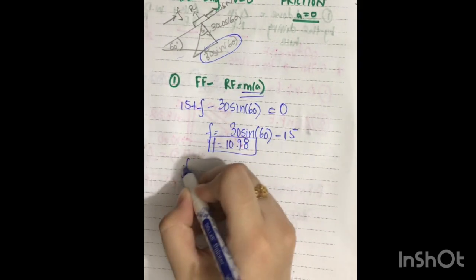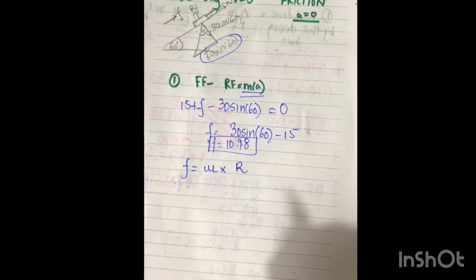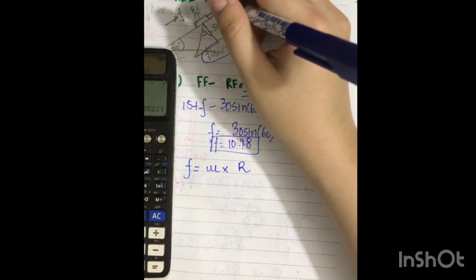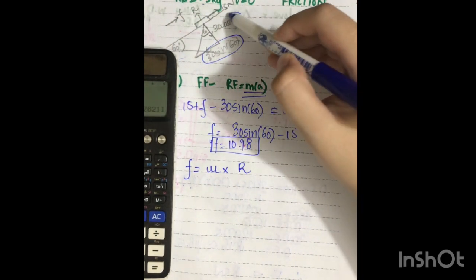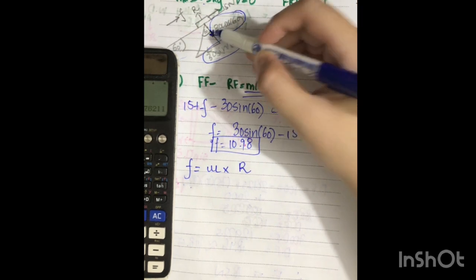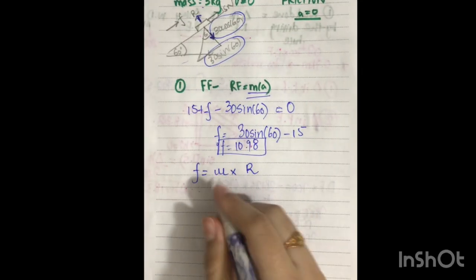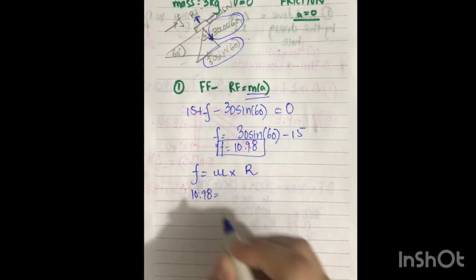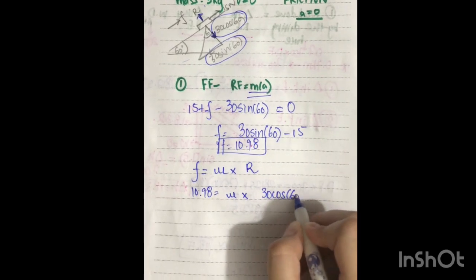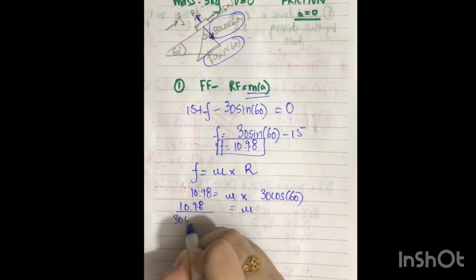And we know that friction is equal to the coefficient of friction multiplied by the normal reaction. And from the diagram we can tell that since it is in equilibrium perpendicular to the plane, the normal reaction is equal to 30 cos 60. So 10.98 is equal to the coefficient of friction multiplied by 30 cos 60, making the coefficient of friction 10.98 divided by 30 cos 60.